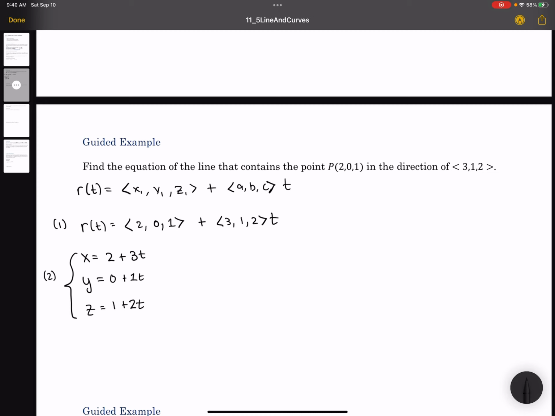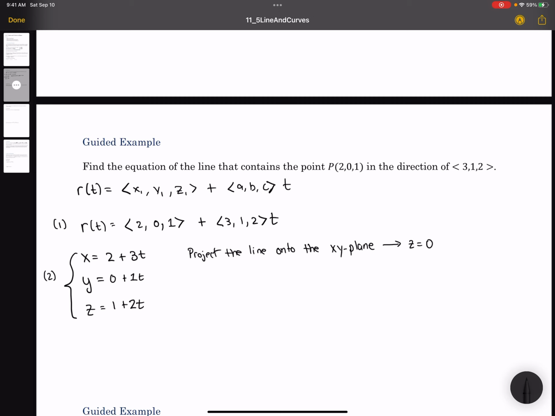Let's do something extra where we project the line onto the xy plane. We're going to do this in the next example, but I want you to pause it and see if you can do it and come back and see if you get what I get. So let's see how we actually do that. If we project this onto the xy plane, the implication is that the z coordinate is 0, so we don't care about it.